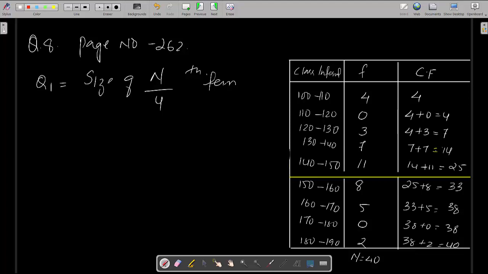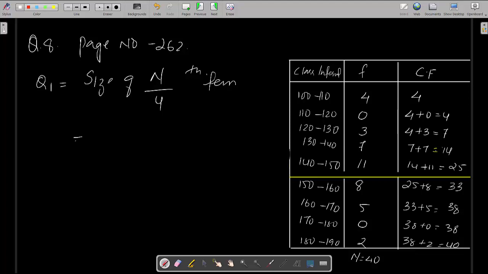For quartile, you'll be finding n by 4. I think I told you that it shouldn't be n by 2, because in quartile you are distributing into 4 equal parts. That is why we take the denominator as 4 and not 2. Clear? That is size of n by 4th item.